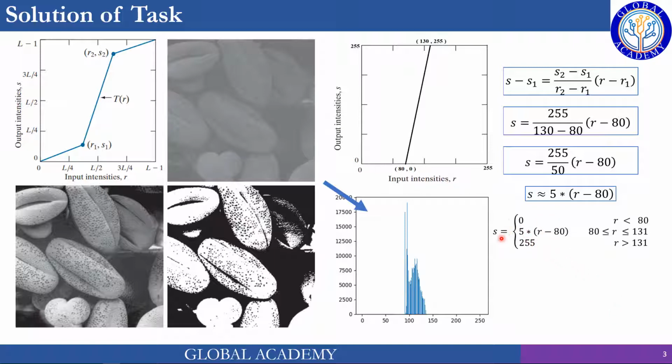Then we can write the overall transformation as a piecewise linear transformation. So we have to map all the values less than 80 to 0, and all the values between 80 and 130 using this transformation, and then all the values greater than 130 to 255.